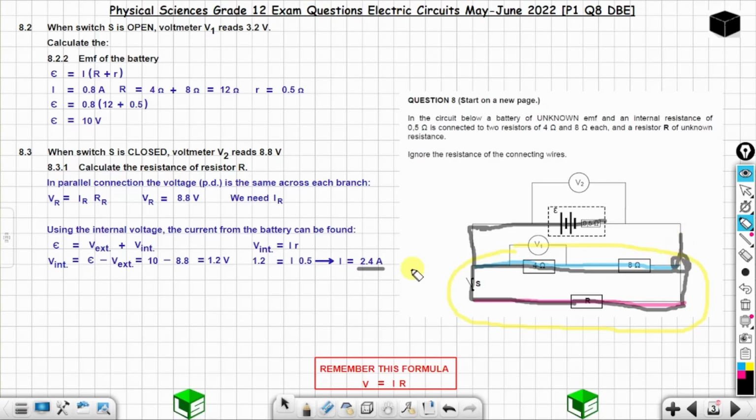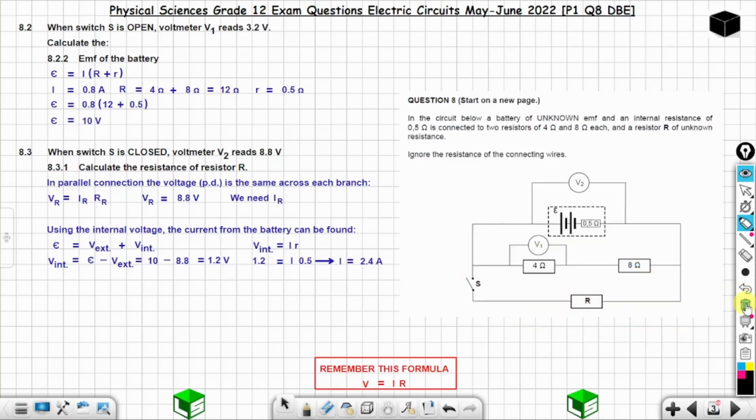Now you have 2.4 amperes again back to the battery. This is the total current coming from the battery. You need the current on this branch, which has only one resistor.